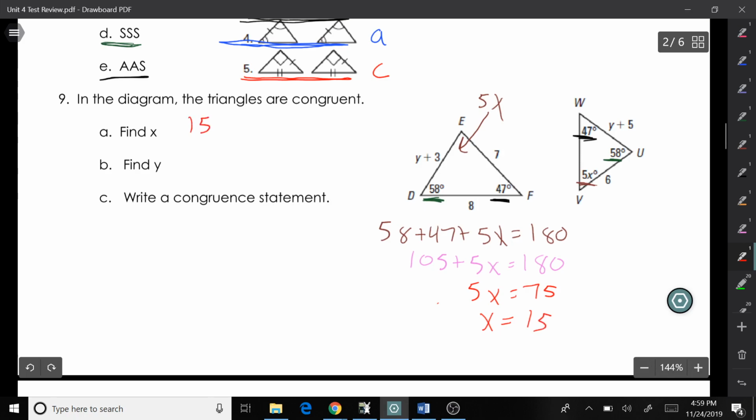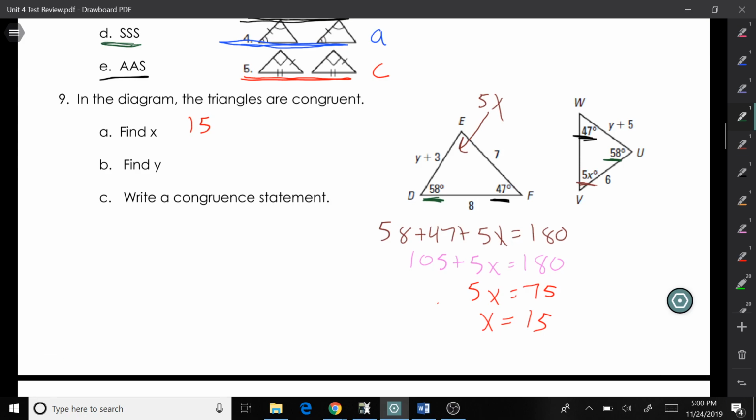Now to find Y, we can do it one of two ways. We can either use this side or that side, but we have to make sure we match up this triangle and that triangle correctly. So D and U go together, and E and V go together, and F and W go together.